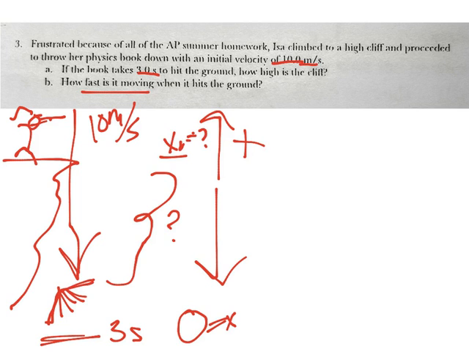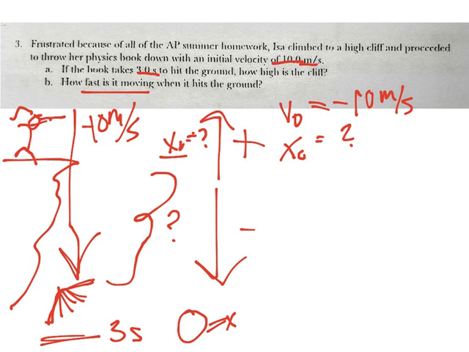So I've kind of already gone into the 3rd step where I'm starting to write variables, but I still want you to write them down in a list so they're easy to see. So also, our V naught, remember I said down is negative, so that must also be negative because she threw it in that direction. Then I know we want to figure out where it started, or how high is the cliff.